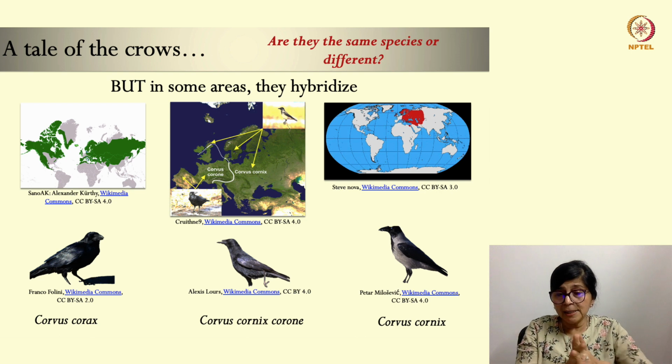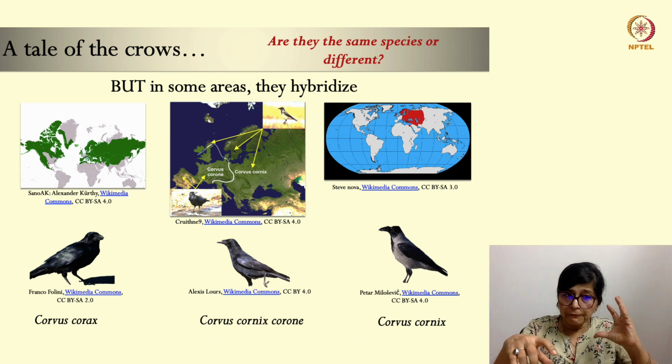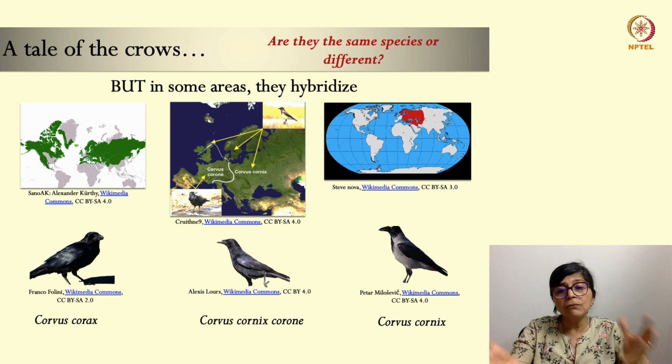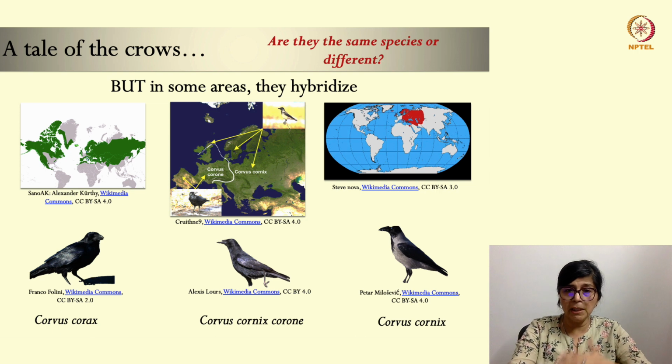Okay, why is this important? We will talk about that in a bit. Earlier we had an idea that if it is a different species, then it won't be hybridizing or breeding with each other. But here, this crow is breeding and producing a mix, which is a subspecies we have named Corvus cornix crow.